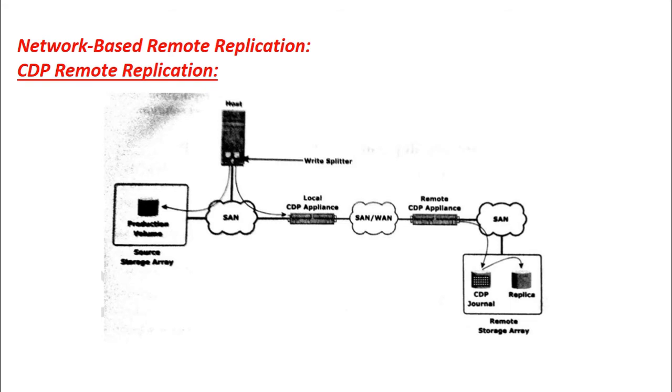Then the write is applied to the journal volume at the remote site. For an asynchronous operation, writes at the source CDP appliance are accumulated and redundant blocks are eliminated. Then the writes are sequenced and stored with their corresponding timestamp.